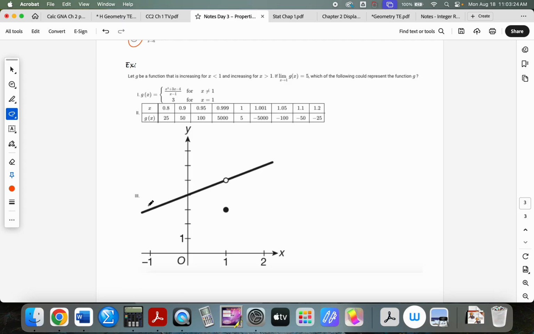Is the function increasing for values of x less than 1? Yeah. Is it increasing after that? Yeah. Does the limit as x approaches 1 of g of x equal 5? 1, 2, 3, 4, 5. Yep. Looks like it to me. That works. Let's do the table next.